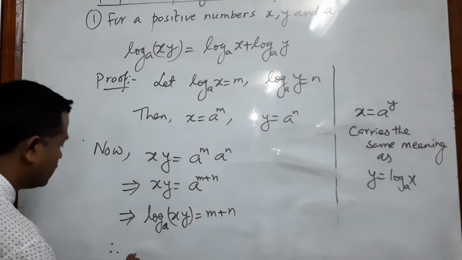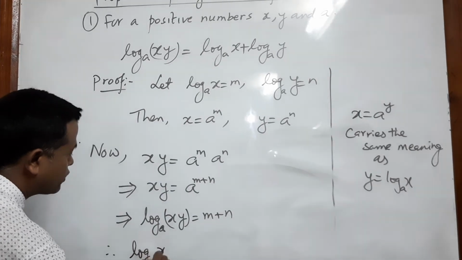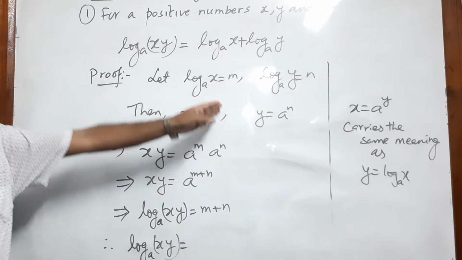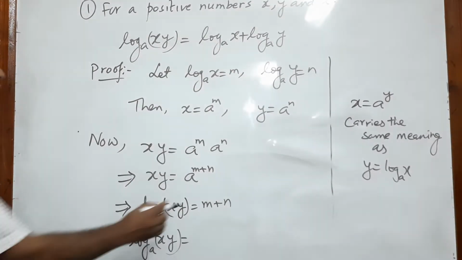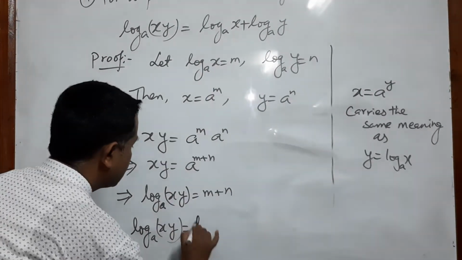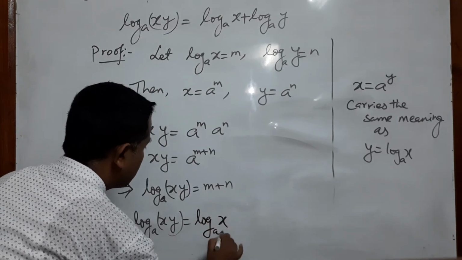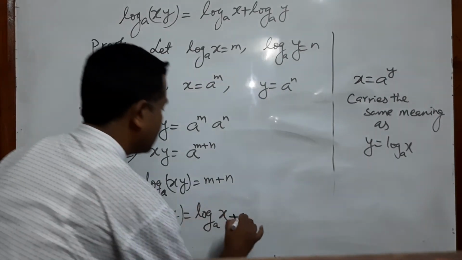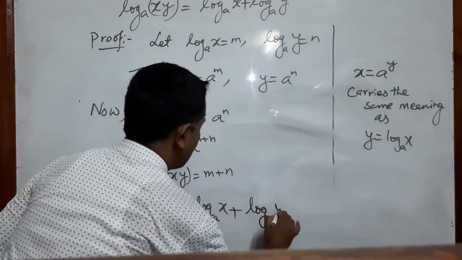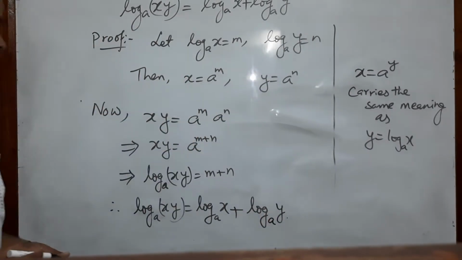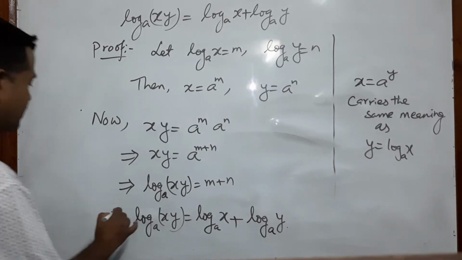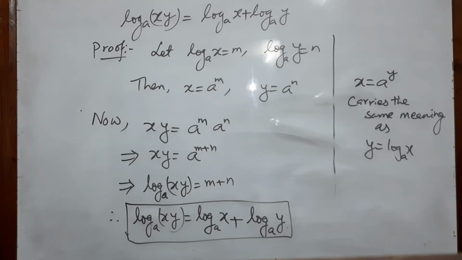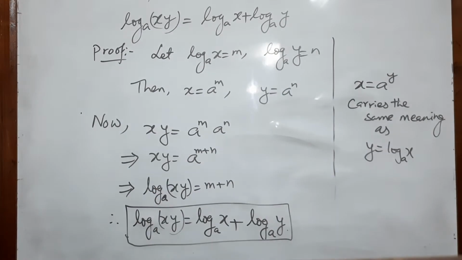Therefore, log of xy with base a equals the value of m, which is log of x with base a, plus the value of n, which is log of y with base a. In this way we have proved this important property of logarithm.